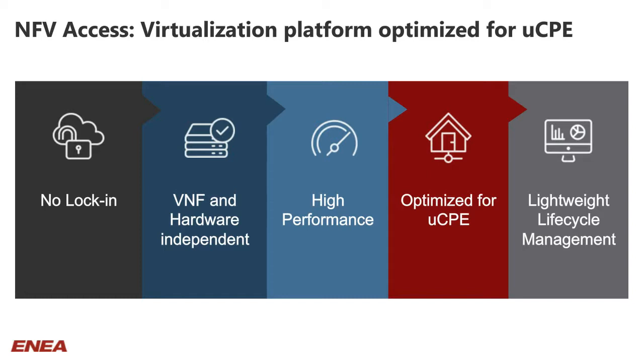But as we all know, in this power and cost-constrained edge space, that doesn't work. You need to optimize your solution for your specific use case, and in this case, you need to optimize it for UCPE. By doing that, you can reduce cost because you minimize your core footprint. We'll look at some data for this later.